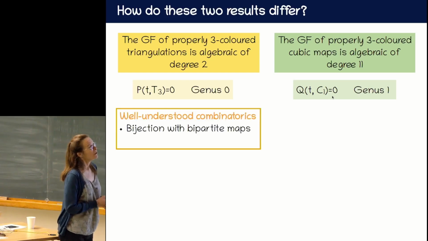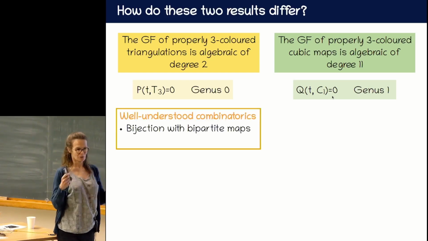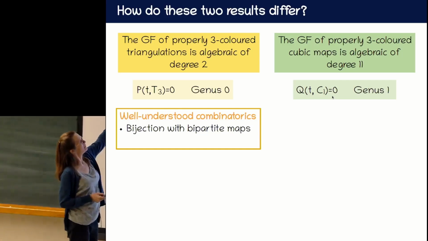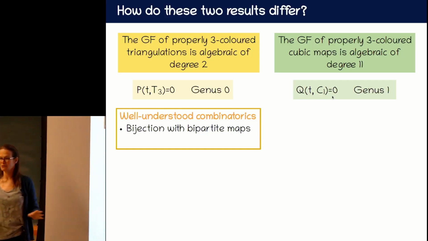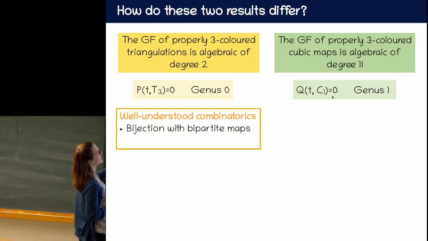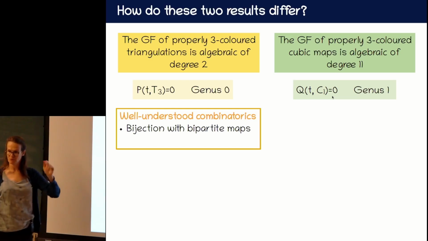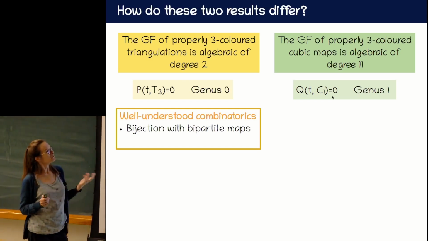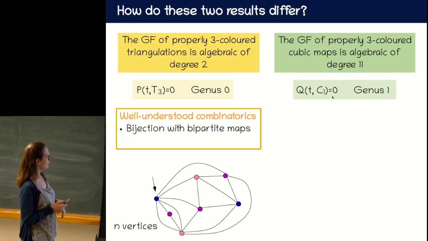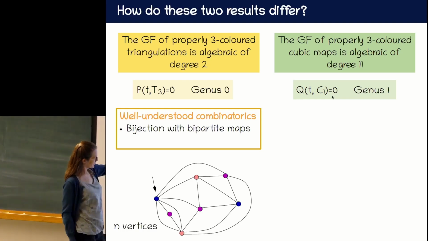They differ a lot in terms of combinatorics, because in this case, we have a lot of combinatorics explaining whatever we want. And for a start, we have a bijection with bipartite maps, two-colored maps, which was already known to Tutte. And it goes as follows. So we saw it this morning, I think.